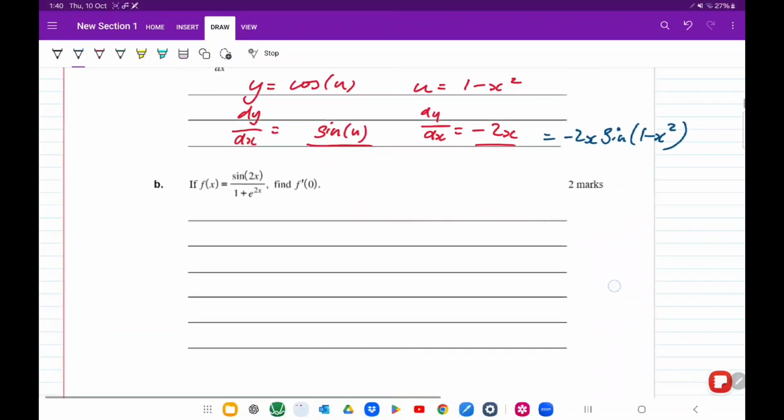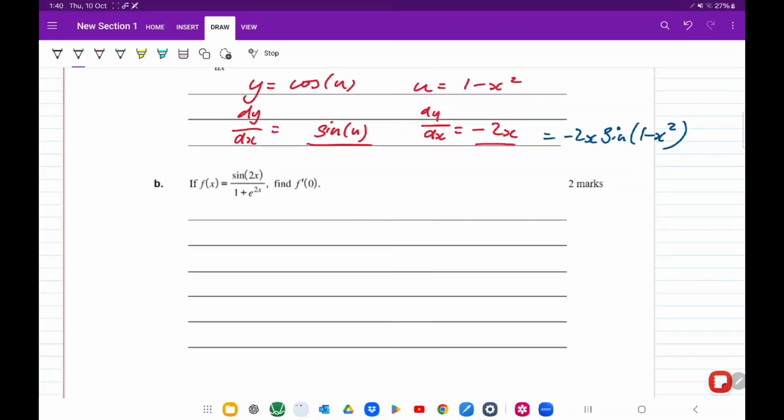Alright, the next question is if f is equal to, as you can see here, find f dash of 0. What we need to do for this is use the quotient rule. So the quotient rule, because we've got a denominator and a numerator, and we're trying to find the derivative of that. So when you use the quotient rule, what you end up getting is f dash of x is equal to, we'll take u, and we won't find the derivative.